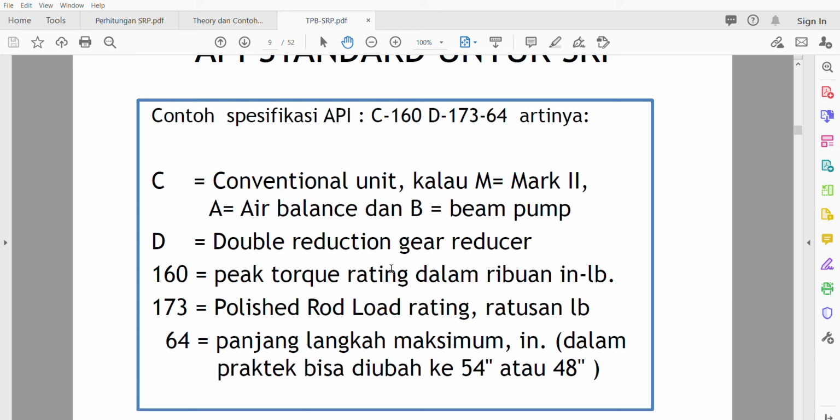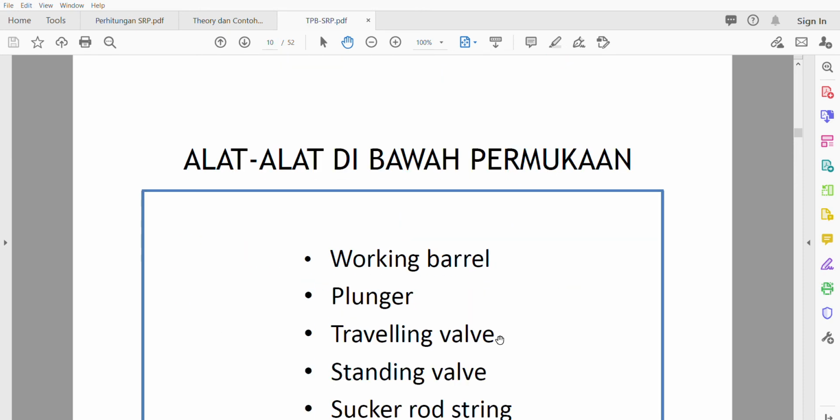The peak torque rating is 160 in units of pound force, 173 for the clock loop rating, 1,300 pound force. The length of the stroke is from the most bottom to the most top, 64. You can use it for 54 or 48 inch.